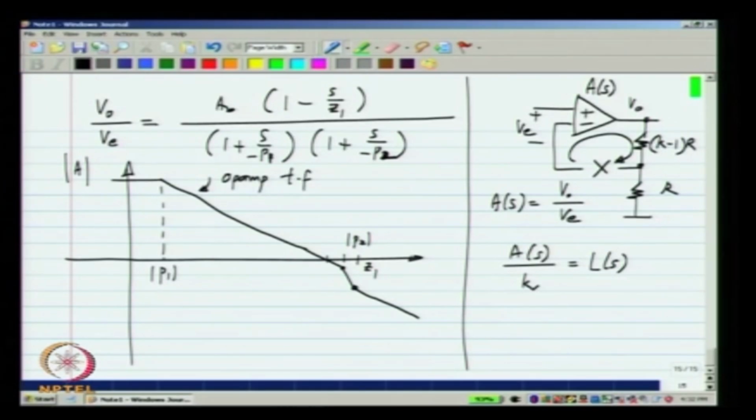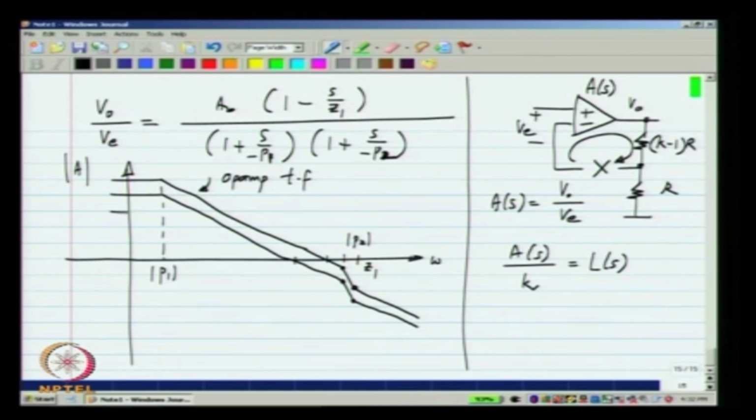Now, what will be the loop gain? Depending on the value of k, this curve will be shifted down by 20 log k on the Bode plot. Okay. So, if k equals 1, this itself is the loop gain. If k equals 2, it will be like that. Okay.